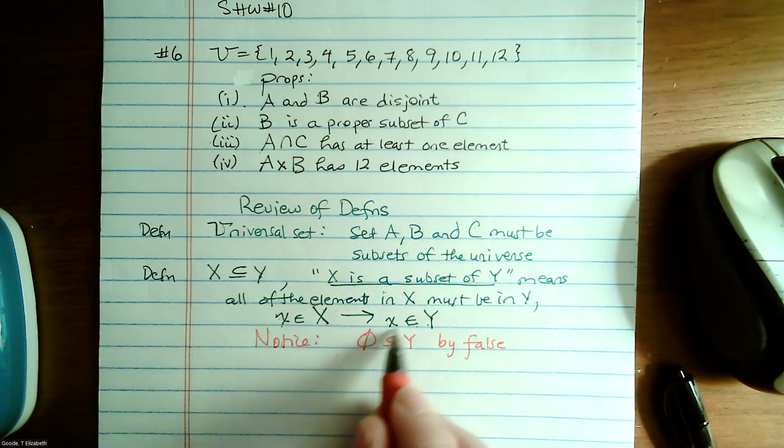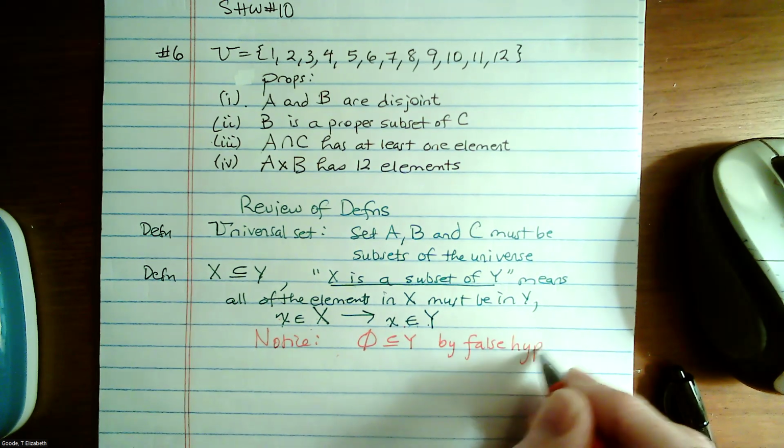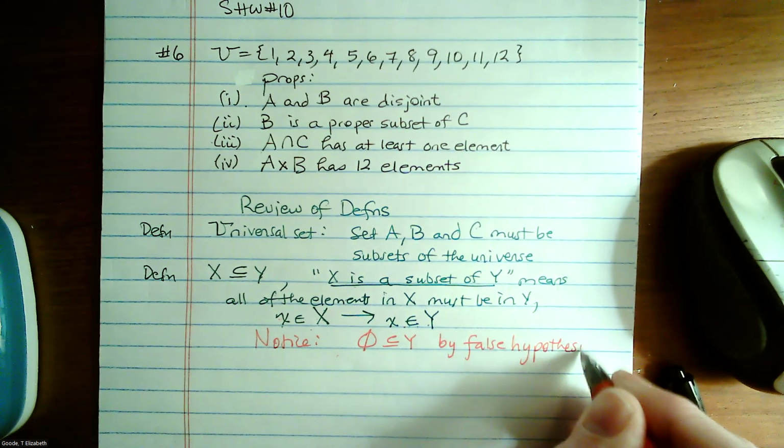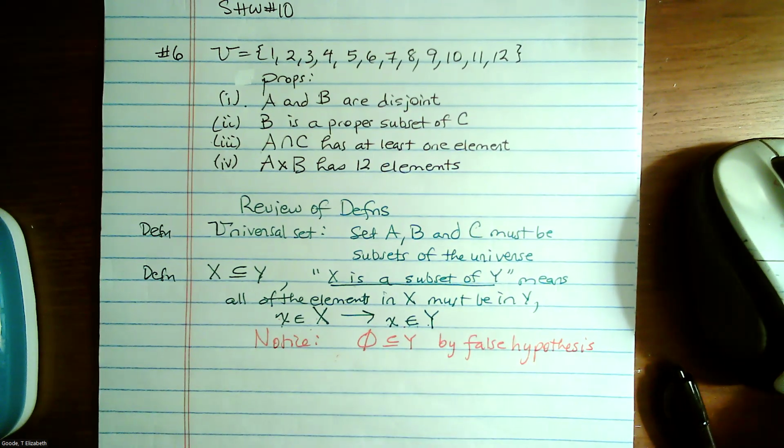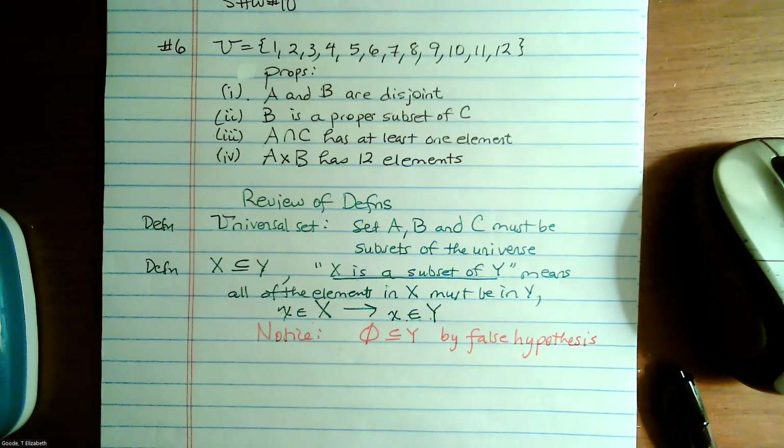And we know an if-then is true by false hypothesis. So isn't that interesting? That's the reason we know that the empty set is a subset of any set, because it always satisfies that definition, right?